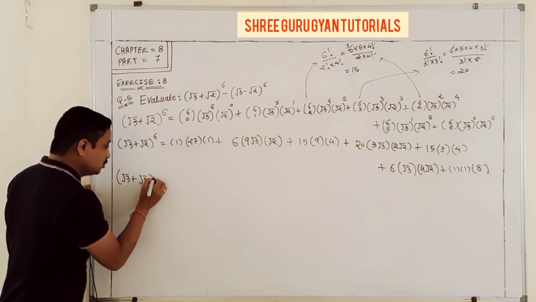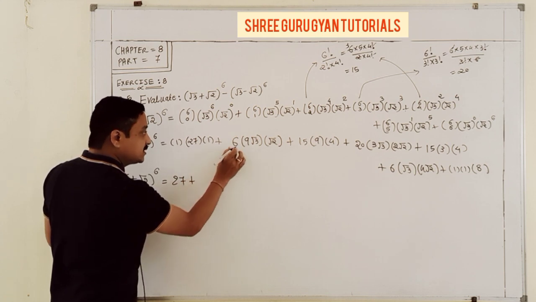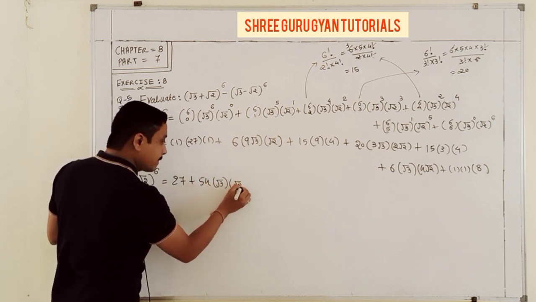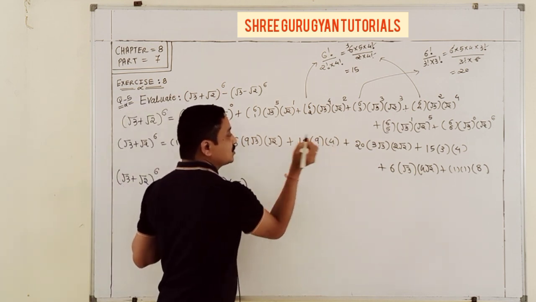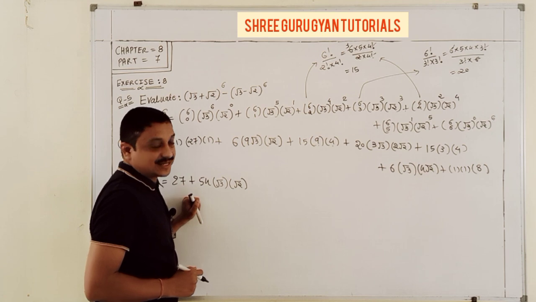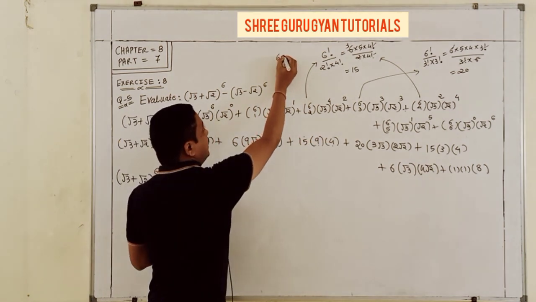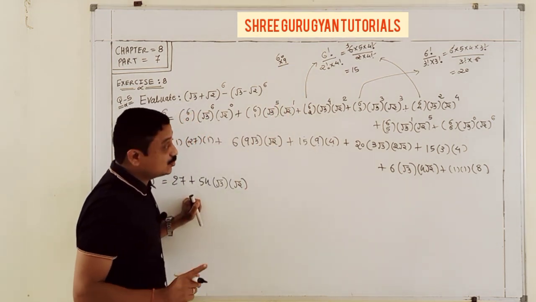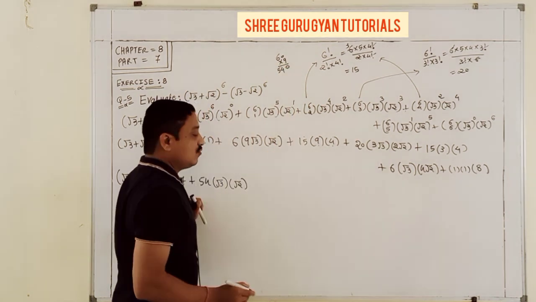(√3 + √2)^6: here 27, 9 sixes are 54, 54√3√2, we do not write √6 here. Now 9 fours are 36, taking 15 fours are 60, yes 60 into 9, so 540.